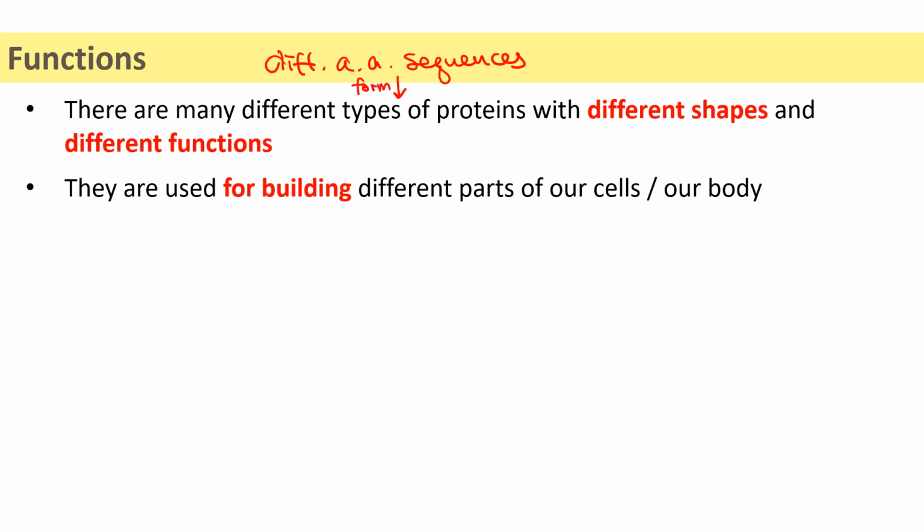And this is important because it can then be used to build different parts of our cells and our body. I'll show you some examples in the next page, which I cannot shift to now. So the function of protein is actually huge. Every different body parts have different proteins for different functions.